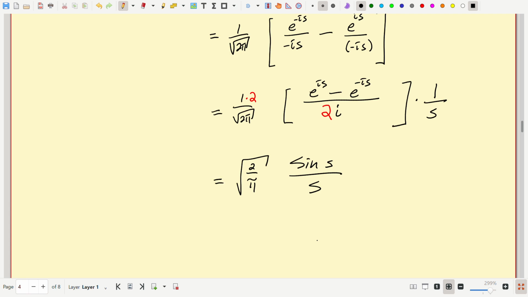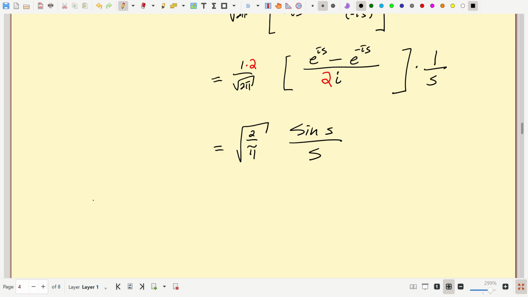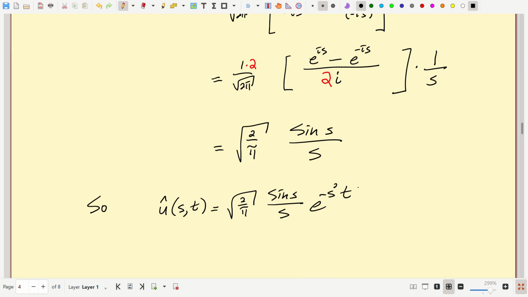And that means I've got my Fourier transform figured out. My u hat of s and t is the square root of 2 over pi, sine s over s, e to the minus s squared t. And I'm pretty much done.